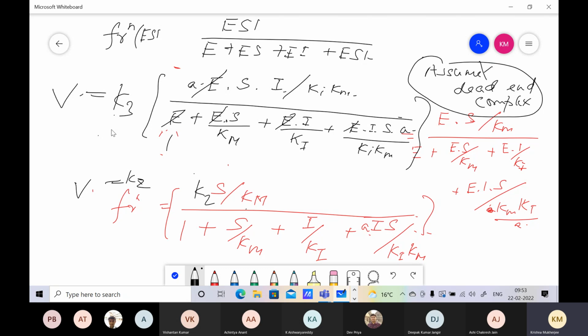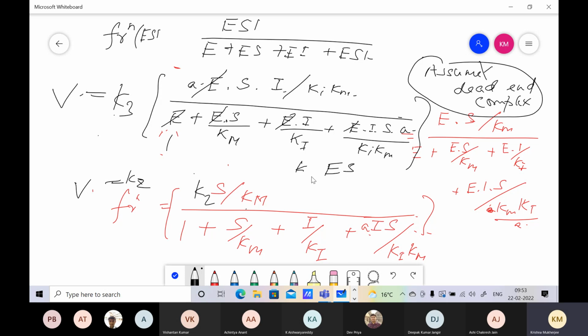This algebra makes for very simple calculations of fractional saturation from the dissociation equilibrium equation. From dissociation equilibrium, you can write everything in terms of E and S and I separately, and from there you can simply divide by E and write the effective E, the E which is participating in the reaction, as ES.